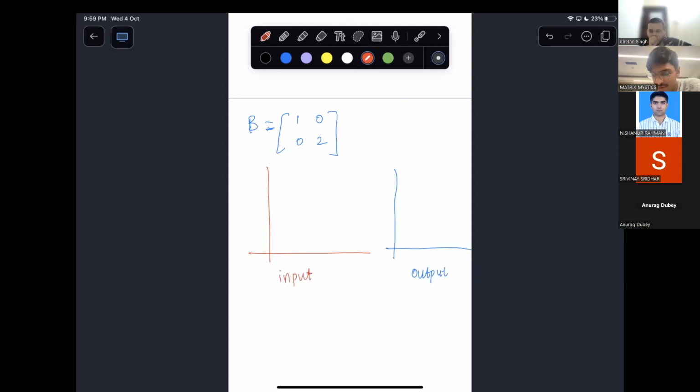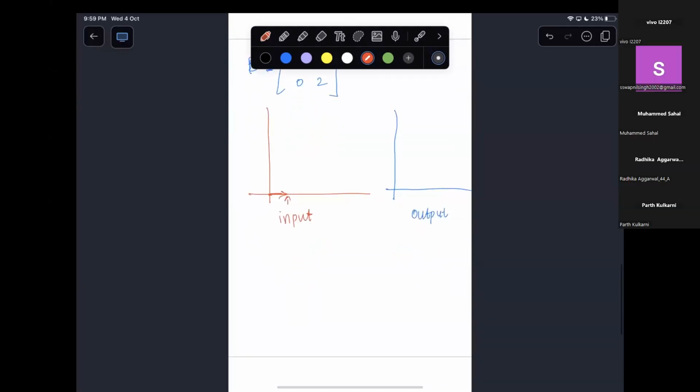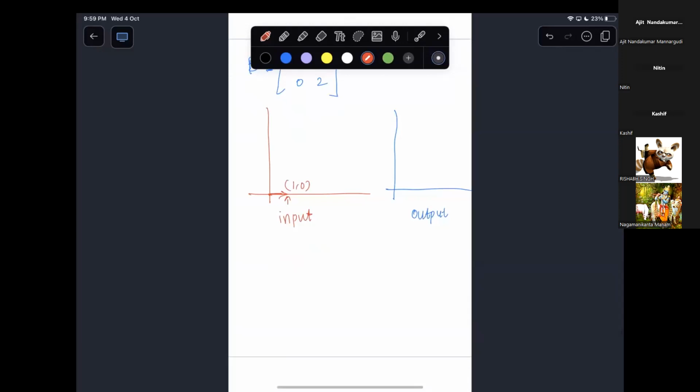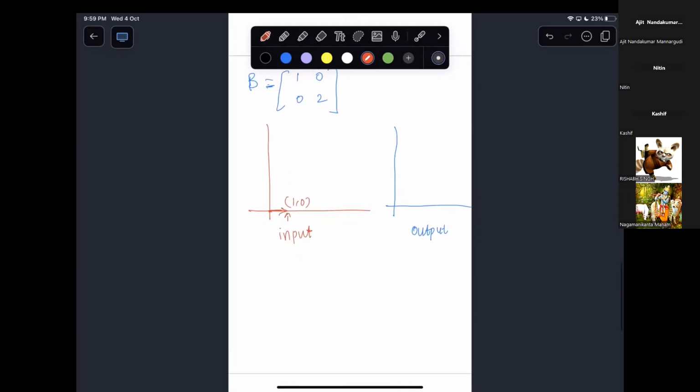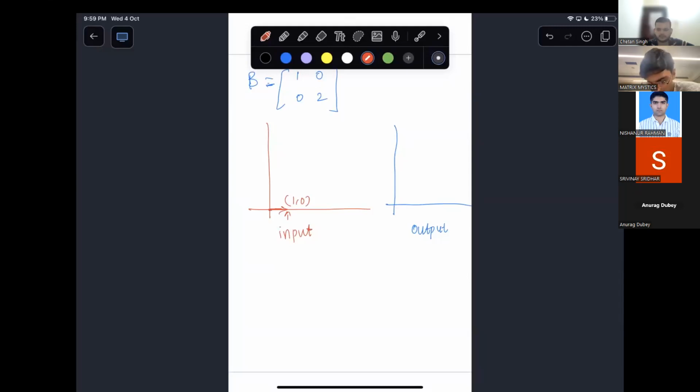Now we'll consider the unit vector in the x direction, I cap, in the red plane. That will be 1 comma 0, right? So now I'll see what this matrix B is doing to 1 comma 0.